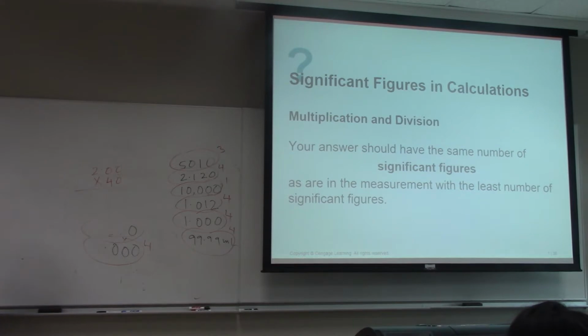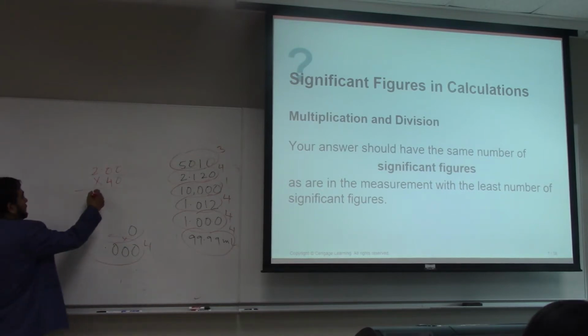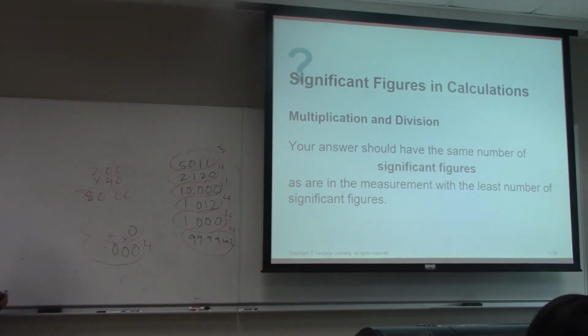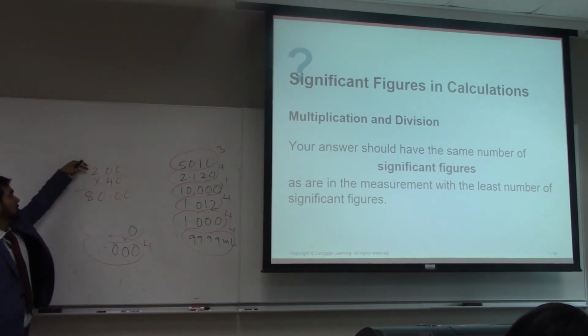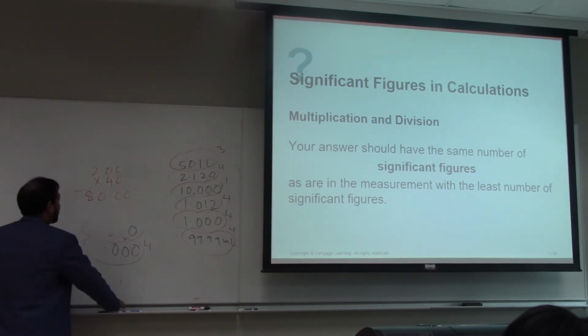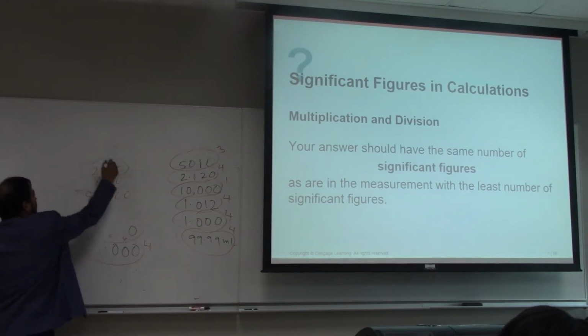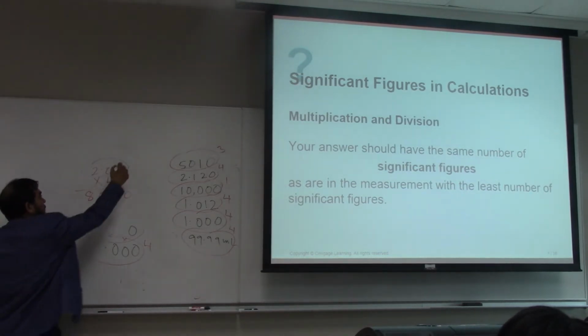So let's see what the answer is. If you use your calculator, you'll get 8000, right? That's the answer you'll get. But look at that. How many sig figures do you have in your questions? 2.00. How many sig figures do you have in here? 3.